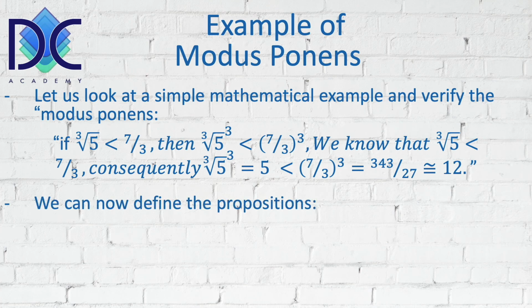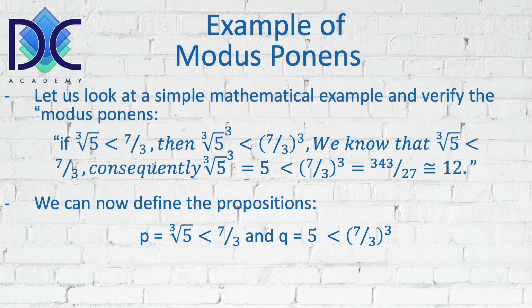We can define the propositions. The first proposition, P, is the third root of 5 is smaller than 7/3. And the second proposition, Q, is 5 is smaller than 7/3 to the third power.